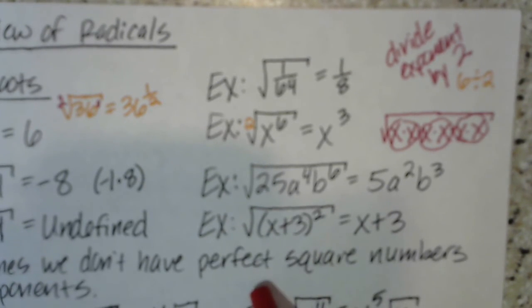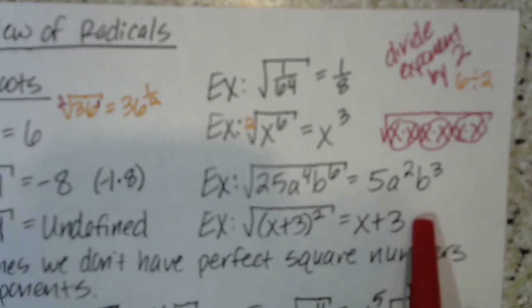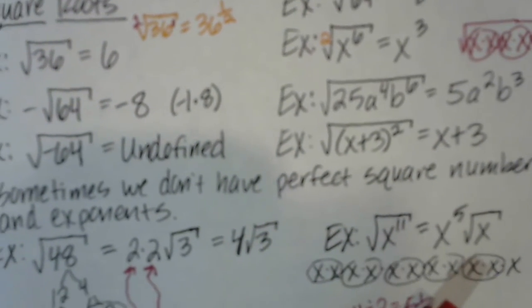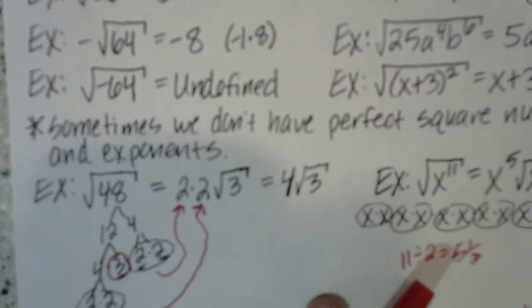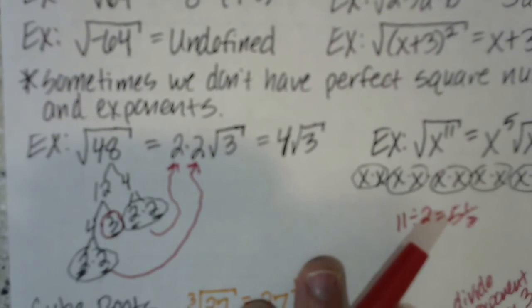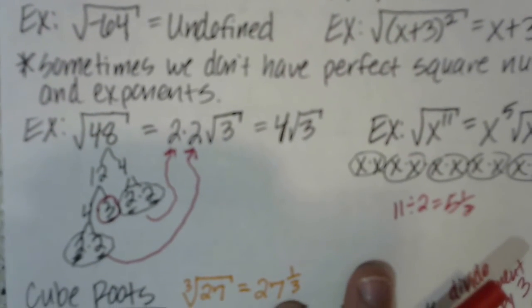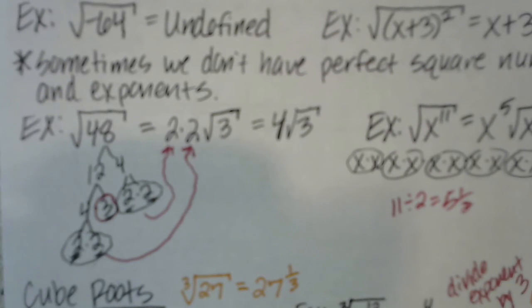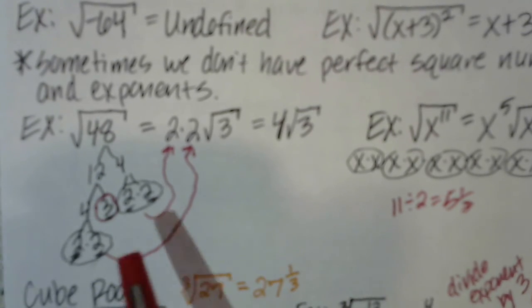Okay? So I showed you some examples here. But sometimes it's not a perfect square number. 48 is not a perfect square. If it's not a perfect square and you're dealing with the square root, you're going to have to do a factor tree. You can start your factor tree any way you want. I started with 12 times 4.